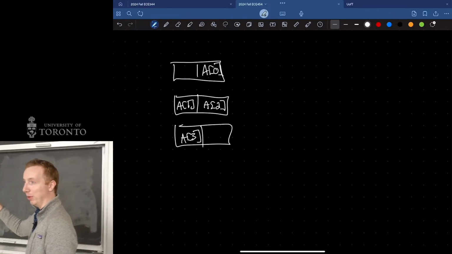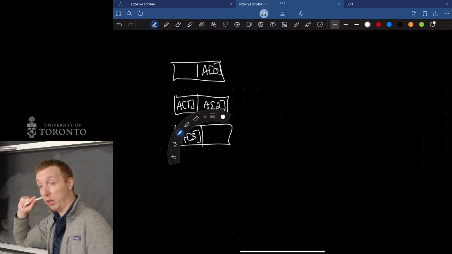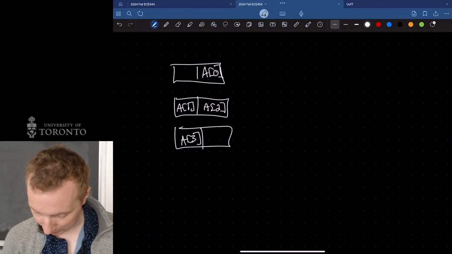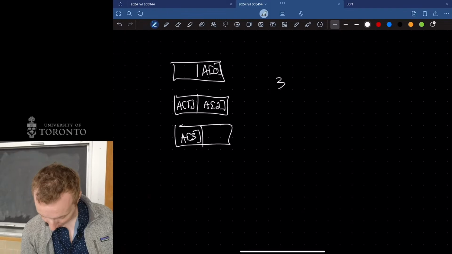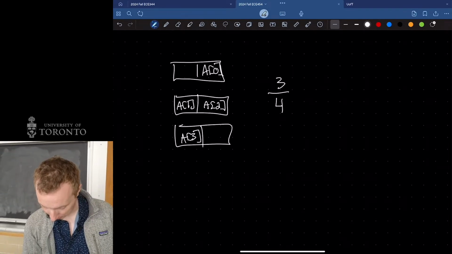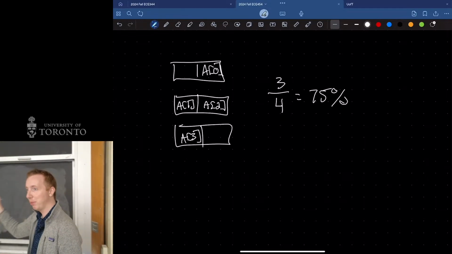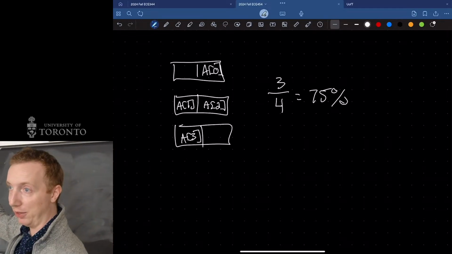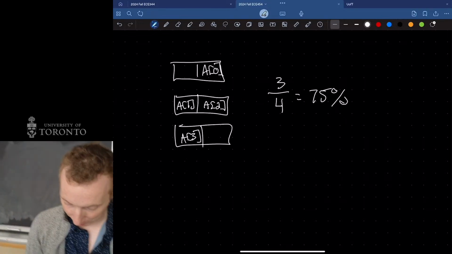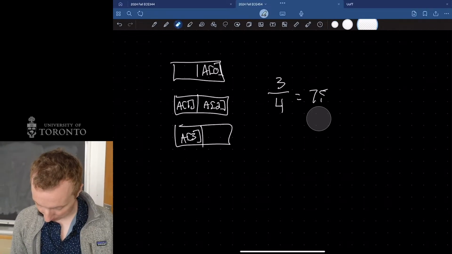So this is what would happen if my array was not cache aligned, right? And in this case, I would have 3 misses and 4 accesses. So I would immediately have a 75% miss rate if the whole array wasn't cache aligned. So I would start off really unfortunate.